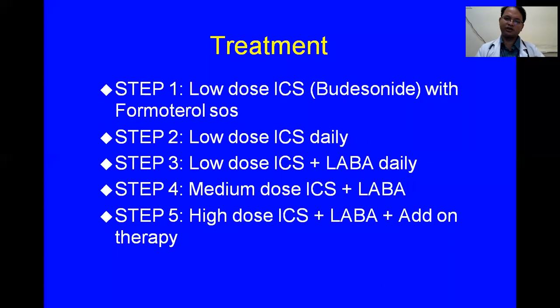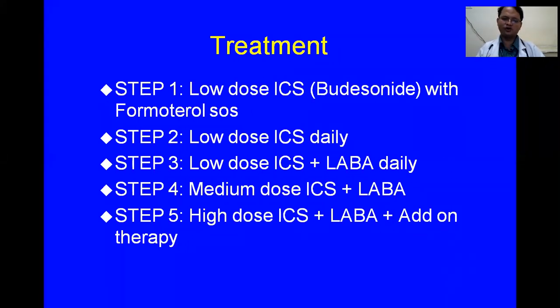The latest guidelines say that the steroids are to be given along with long-acting beta-2 agonists like formoterol or salmeterol. The long-acting beta-2 agonists are to be combined with the inhaled corticosteroids, which are to be given at low dose for intermittent asthma, mild intermittent asthma.